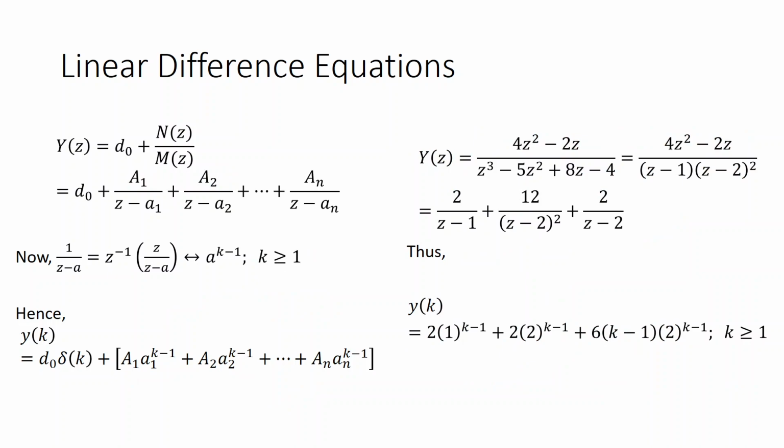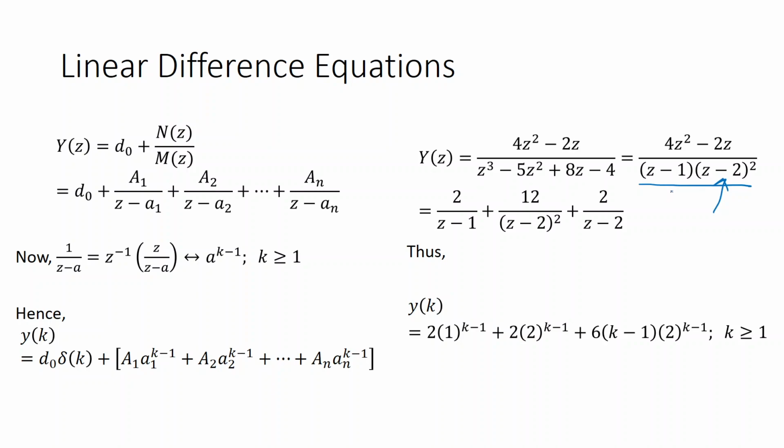So let us look into one example here. For this particular situation, to apply in this mode, you have to divide the denominator polynomial into the corresponding roots, and you see that there is a repeated pole.